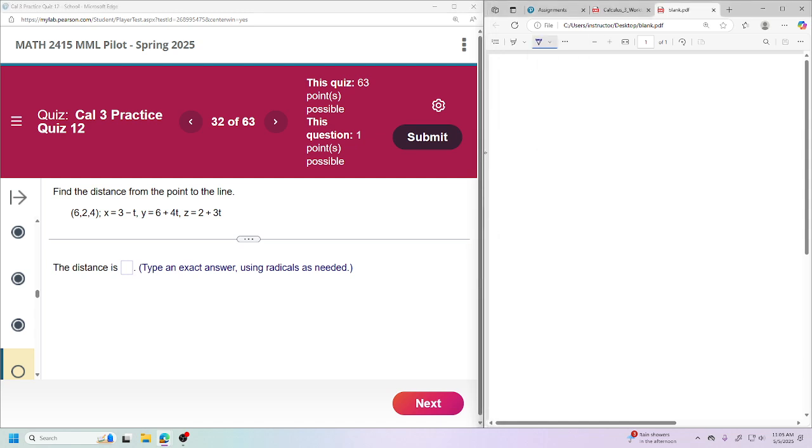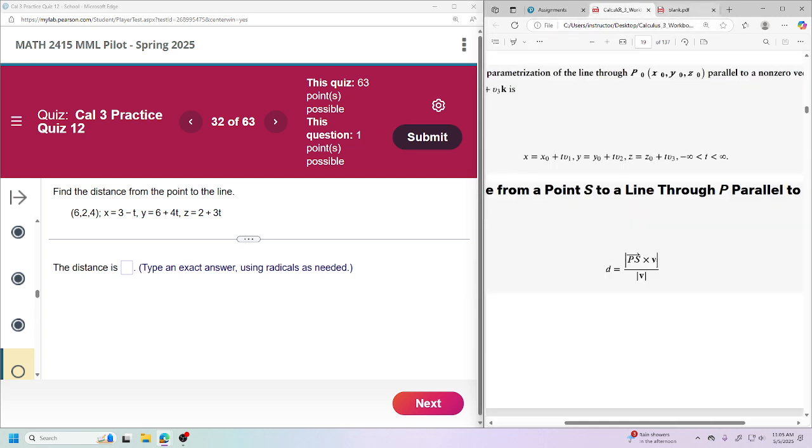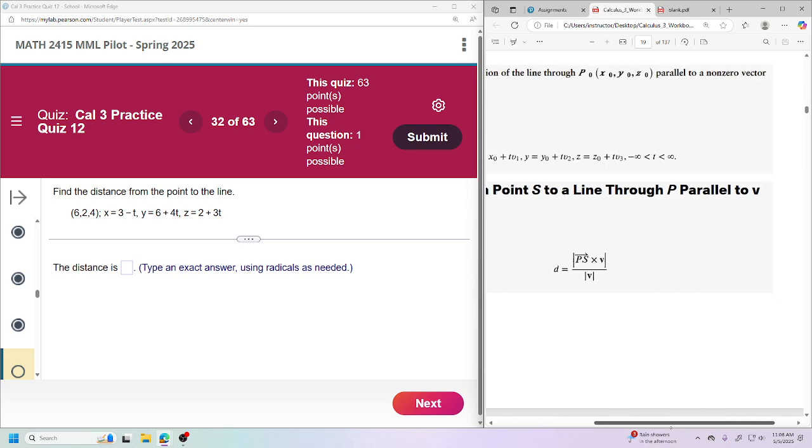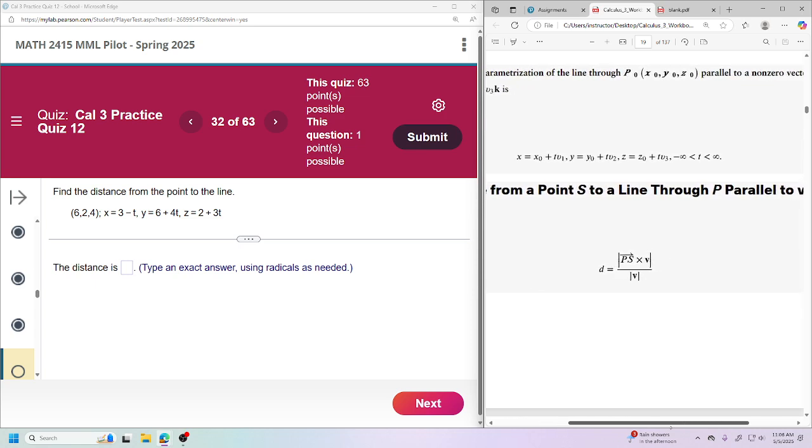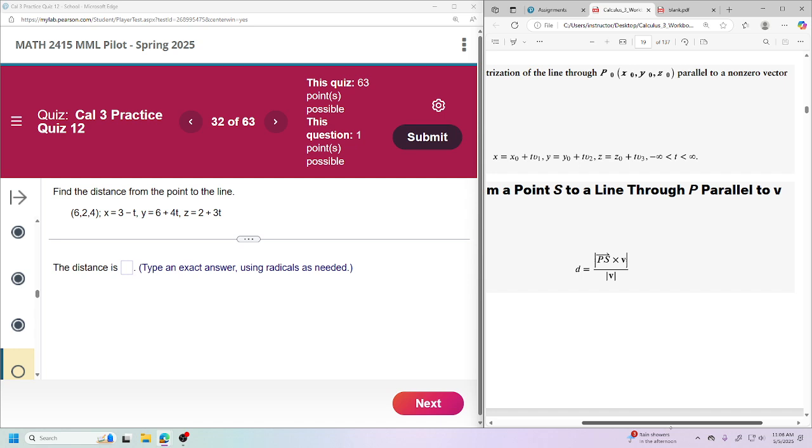Well, mine too. So distance, we got PS. So I think that's just my vector, my slope, essentially. Oh, P is the point that I'm looking at, and S, distance from a point to a line through.